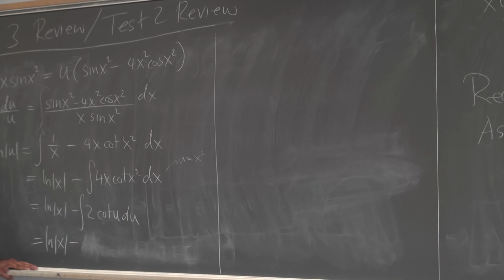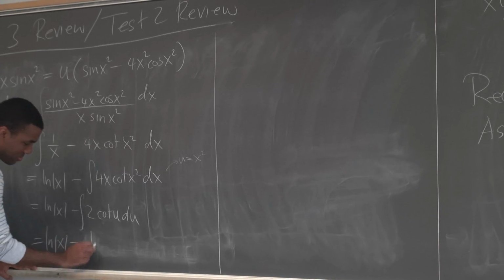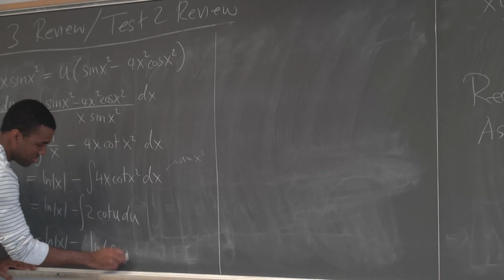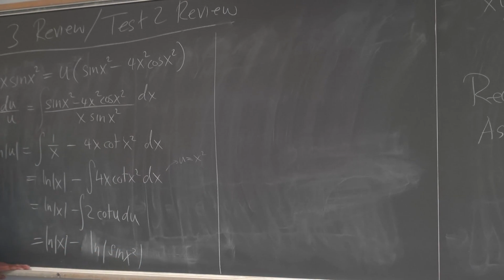Originally, you don't do the cosine over sine equals cotangent and leave it as 4x cosine x squared over sine. Yeah, because to do that you do a u substitution. I'm just pulling out the sine x squared here, and then times 2.